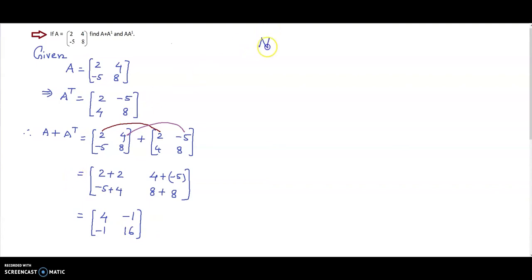Now let us find the product of A and A transpose. A into A transpose. So A is 2, 4, minus 5, 8, and A transpose is 2, minus 5, 4, 8. Now this is multiplication of matrices.